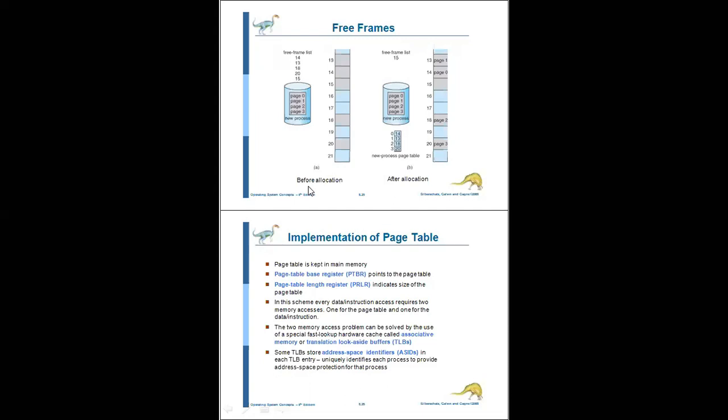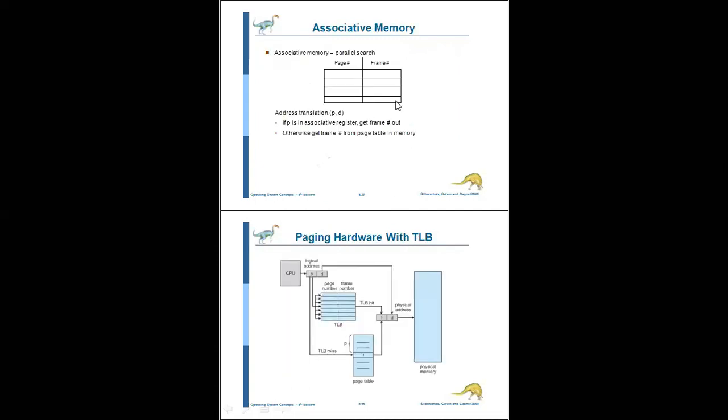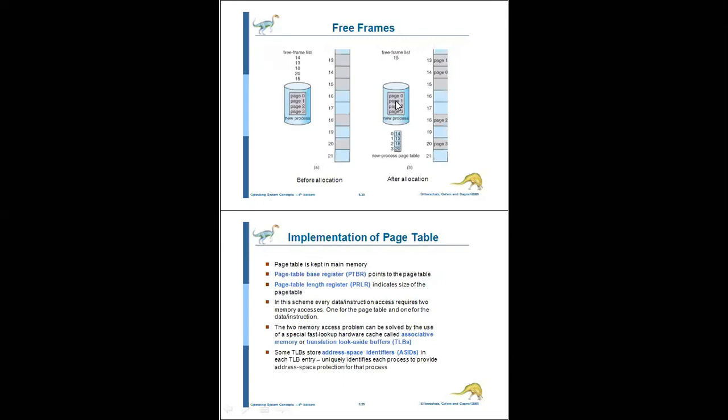So this is before allocation, and this one is after allocation. Here there are 4 pages, and the page number is indicated as an index: page 0, page 1, page 2, page 3.